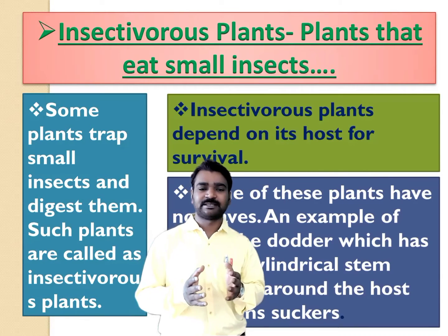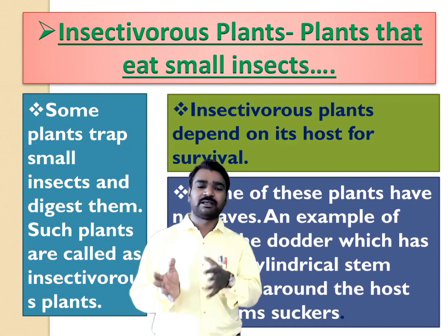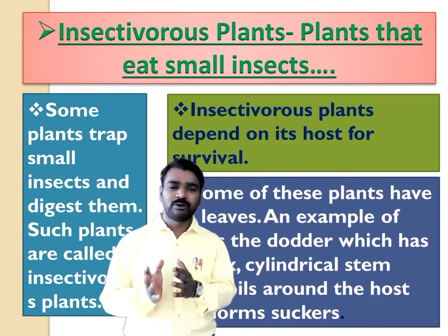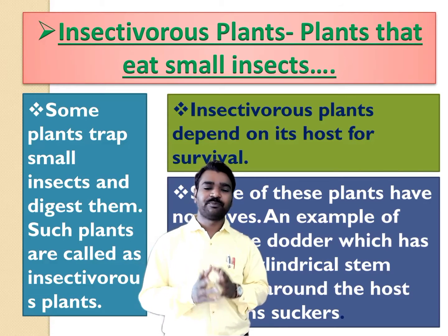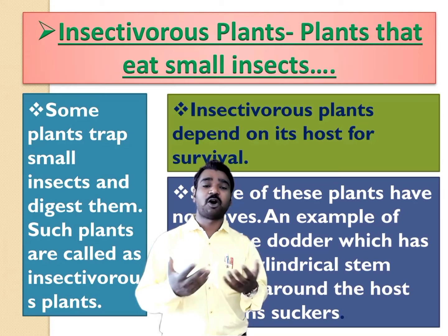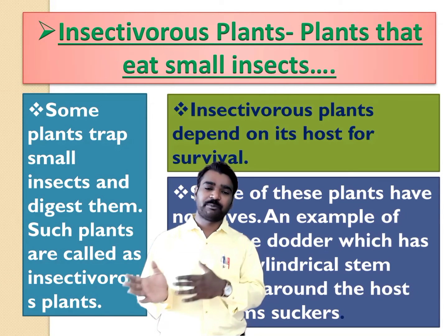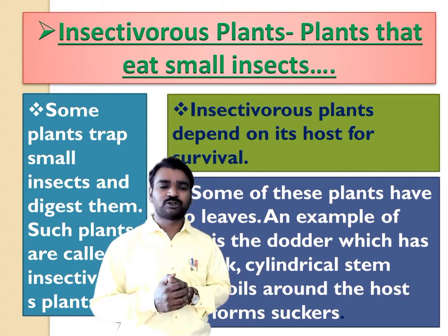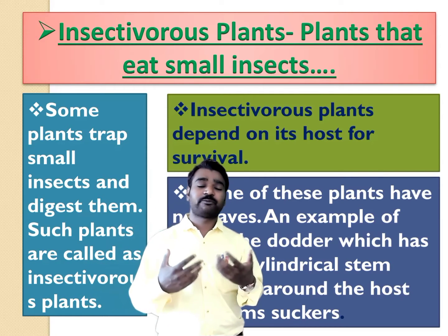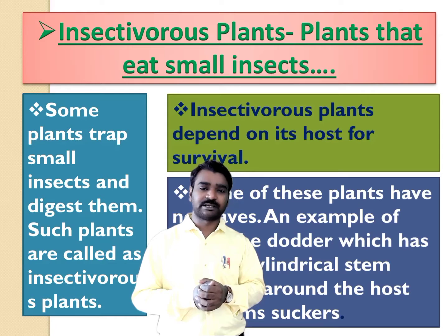Now in this part of the video, my dear friends, we are going to learn about the third type of plants on the basis of their food habits, whether they are able to prepare their food or not. The third category is the insectivorous plants, which eat small insects. These are plants which cannot prepare their food, and neither do they get their food from the roots of other plants. So from where do they get their nutrition?